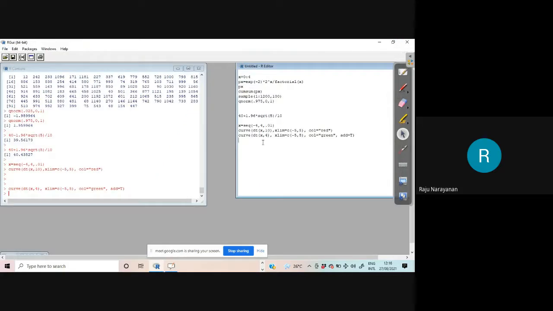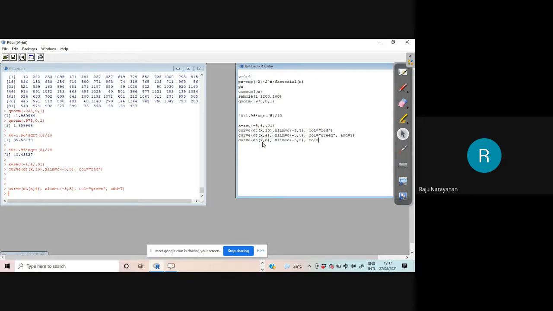Yeah. Now again, if you look at curve dt x comma 8, xlim is equal to c bracket minus 5 to 5.